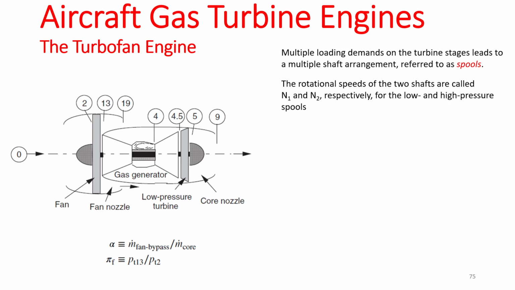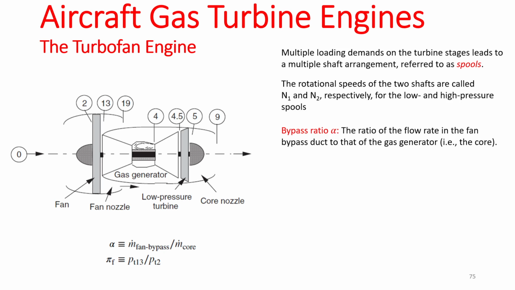One of them is going to provide the energy for the fan blades rotation, and the other one is going to provide the energy for the compressor part of your turbojet engine.